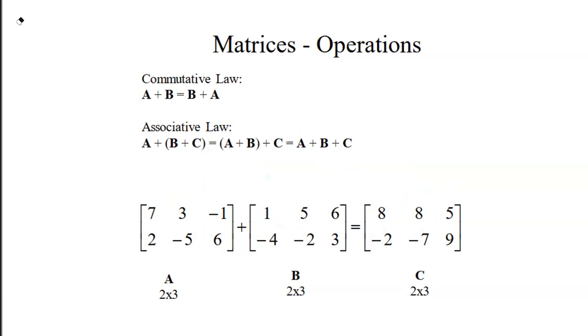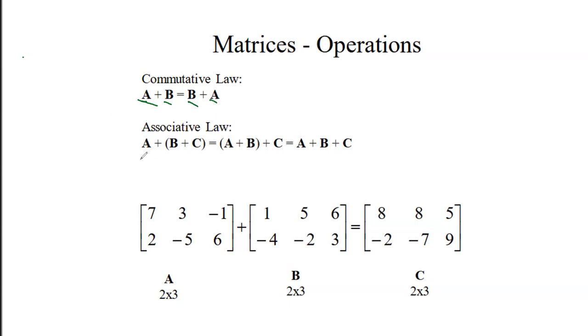And they're telling you that just like in arithmetic, addition is commutative. If you add matrix A and matrix B, or you switch them around and add B and A, you will have the same thing, right? Same thing with the associative law.